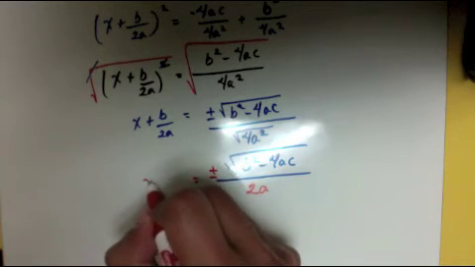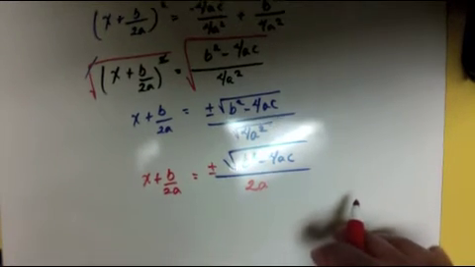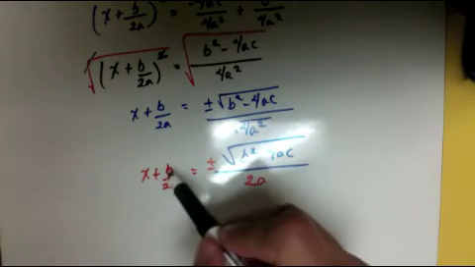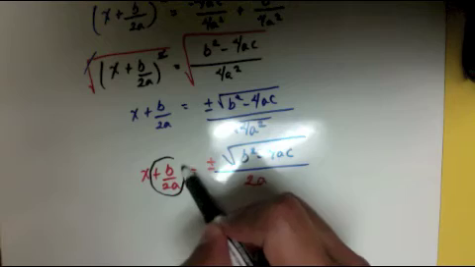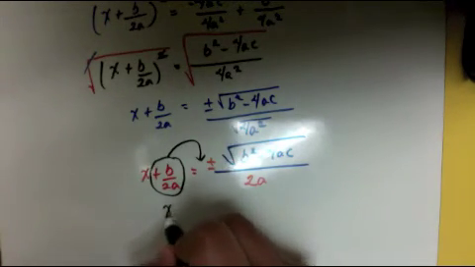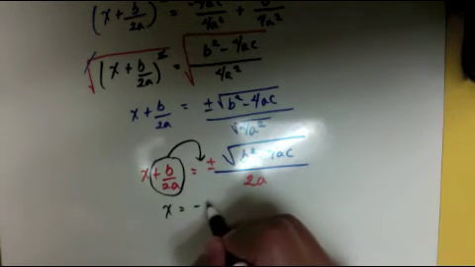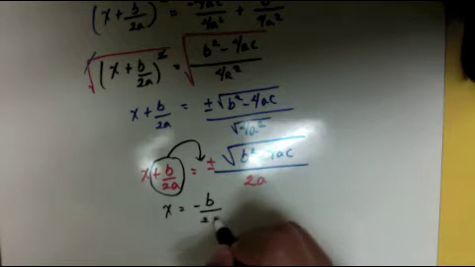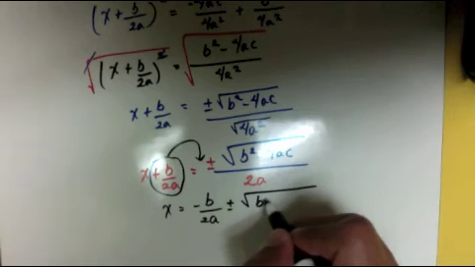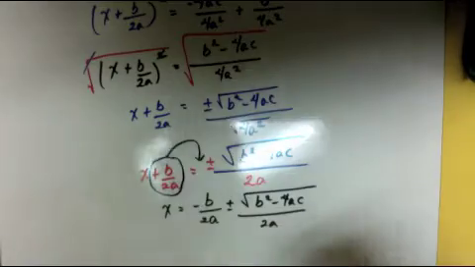On this side, we have x plus b over 2a. Our final step is to take this guy over to solve. From positive, when you jump the equal sign, it becomes a negative b over 2a plus or minus the square root of b squared minus 4ac divided by 2a.